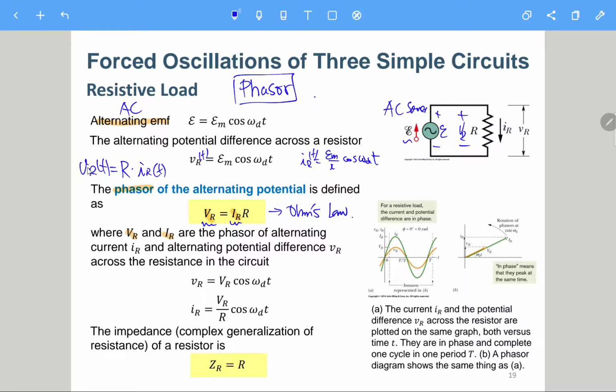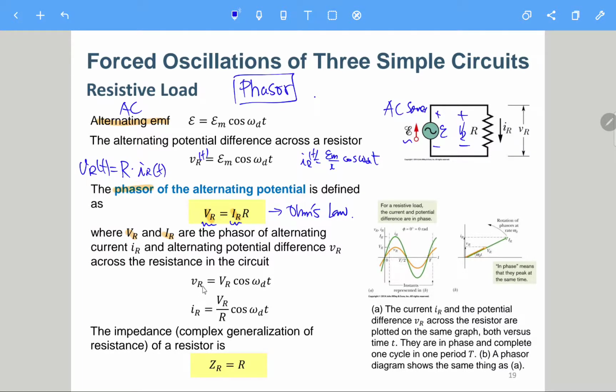So this is still correct, but solving an equation regarding a function is usually more difficult than an equation regarding some variables. So as in the case here, we try to use a number to represent the function, and it satisfies Ohm's law here.